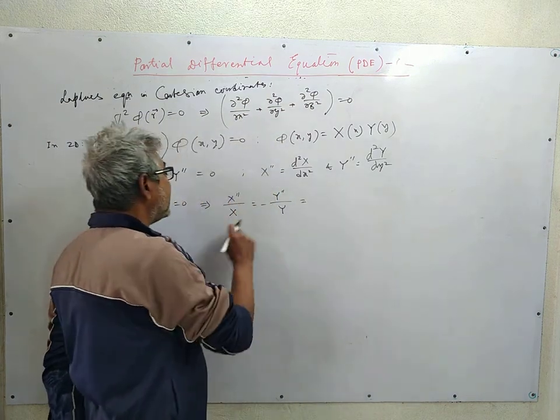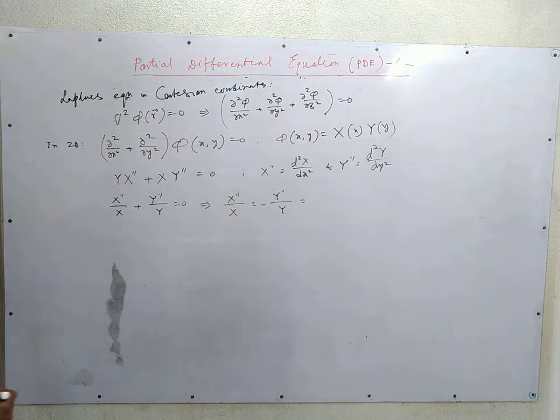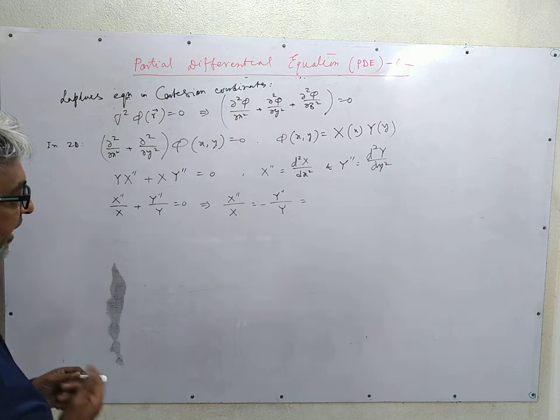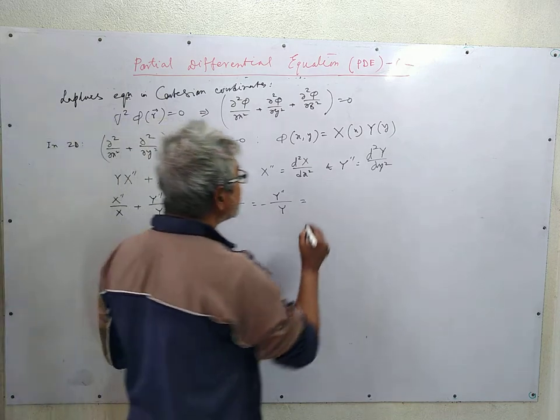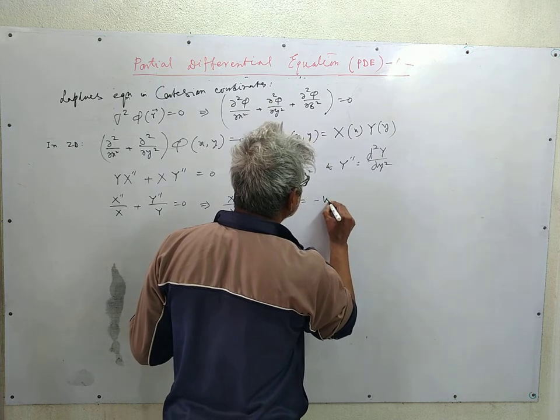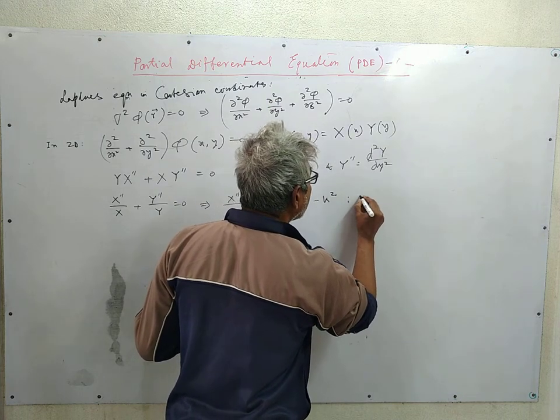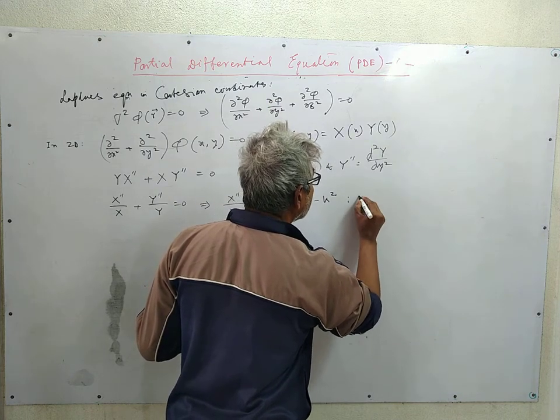If we know that the solution has periodicity in the x direction, we use minus k squared, where k is real.